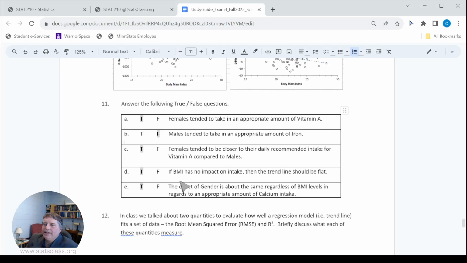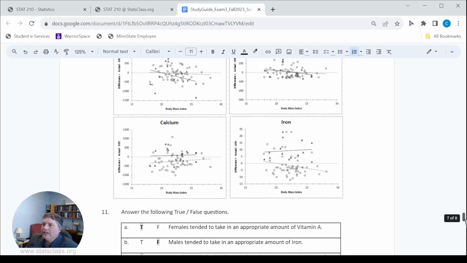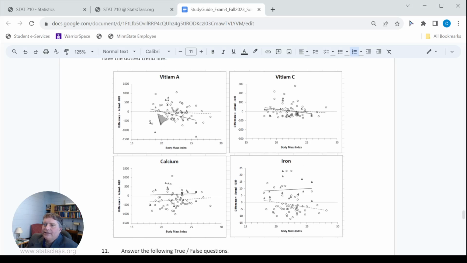Okay, D and E are a little bit another layer of thinking here. If BMI has no impact on the intake of the vitamins, then the trend line should be flat. That is going to be true. So if my trend line is flat, let's look at maybe this one here for vitamin C. We're pretty darn close to target when the BMI is low. We're pretty darn close to target when BMI is high. So BMI really doesn't have an impact.